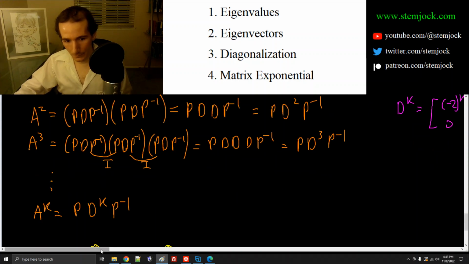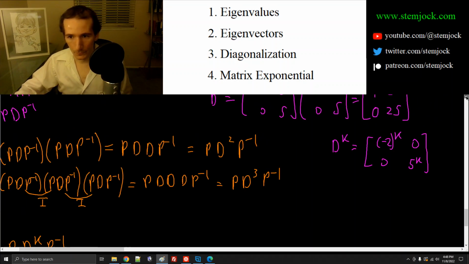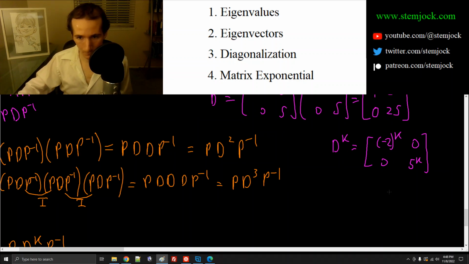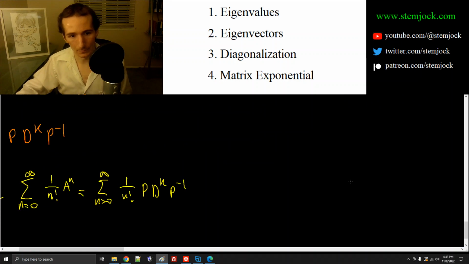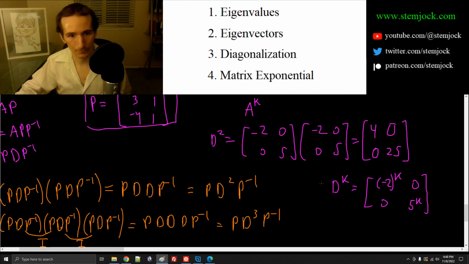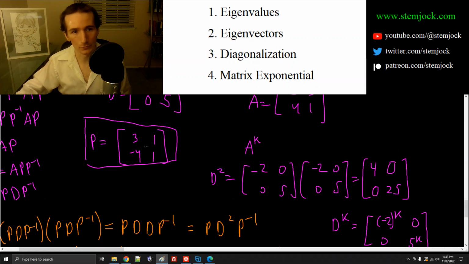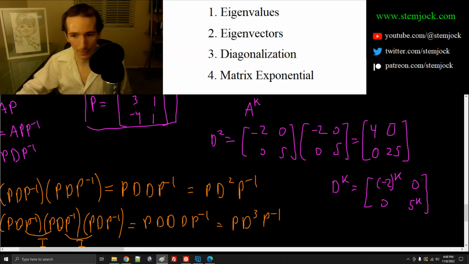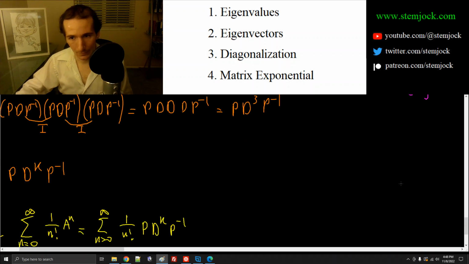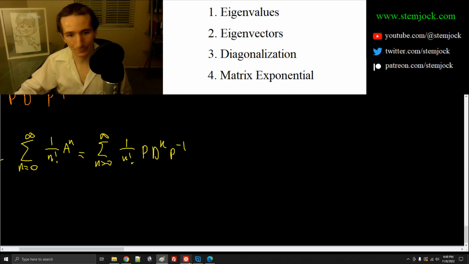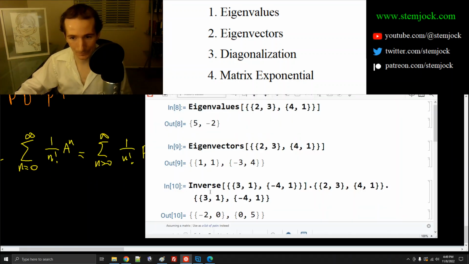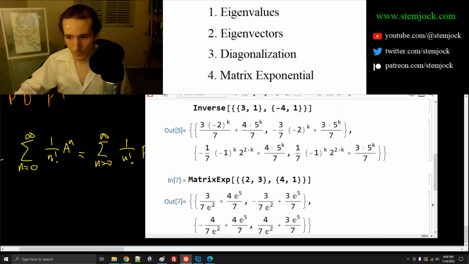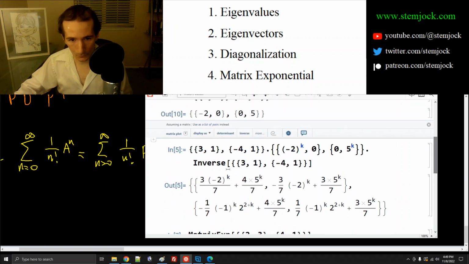And this here is the formula that we're going to use for D to any power. So I'm going to write that here. So I know what P is, and because it's a 2 by 2 matrix, I can easily calculate its inverse. And if I were to multiply all that out, which is very tedious, so this is what it is here.